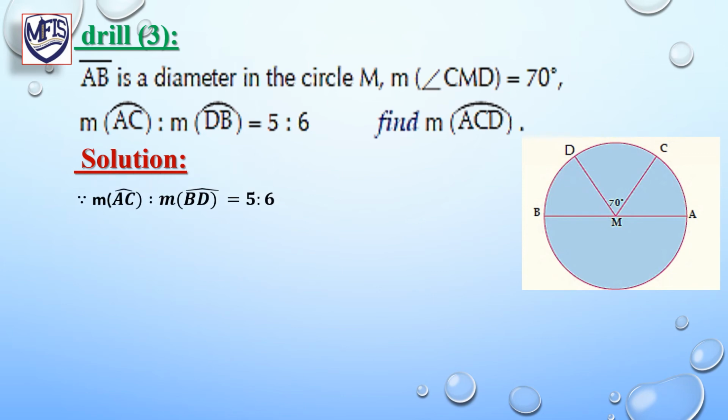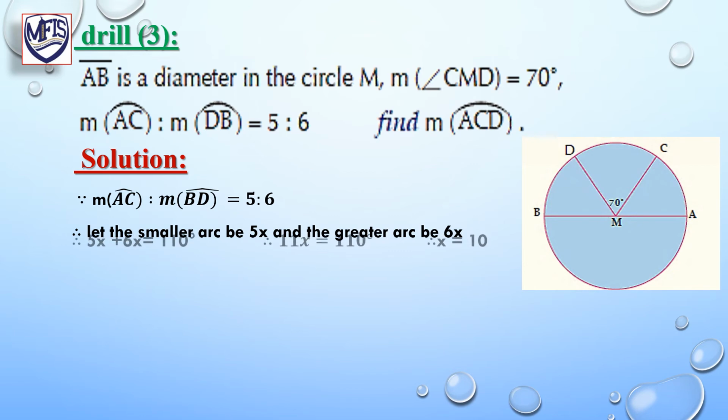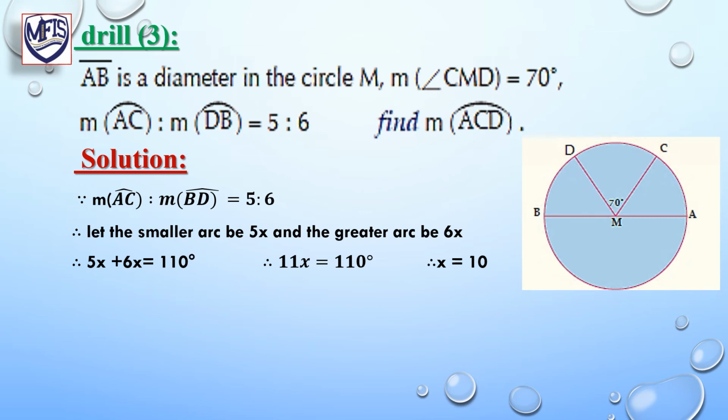Since measure arc AC to measure arc BD equals 5 to 6, therefore let the smaller arc be 5x and the greater arc be 6x. So 5x plus 6x equals 110. 11x equals 110, then x equals 10.